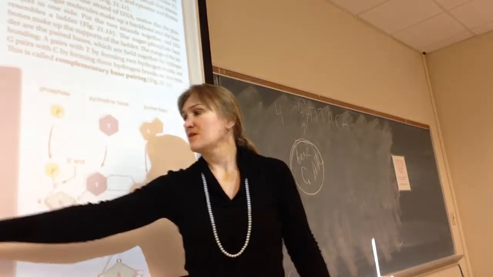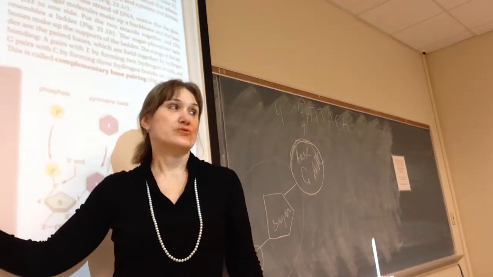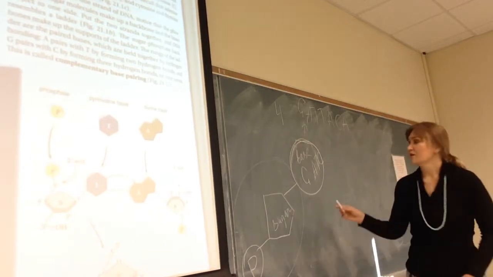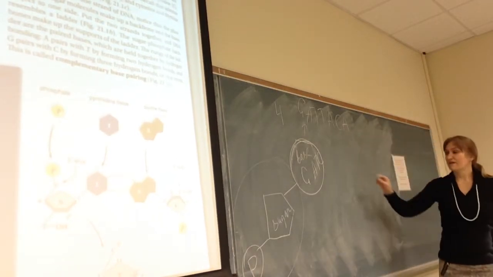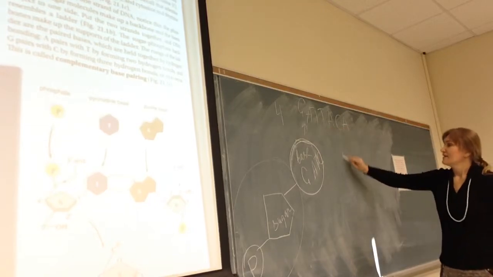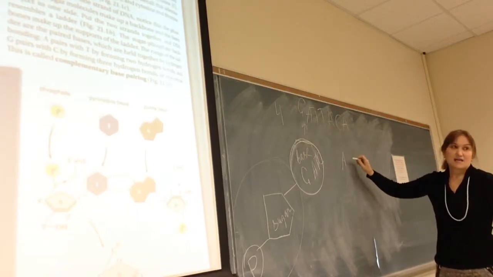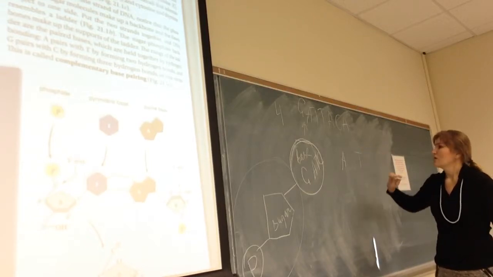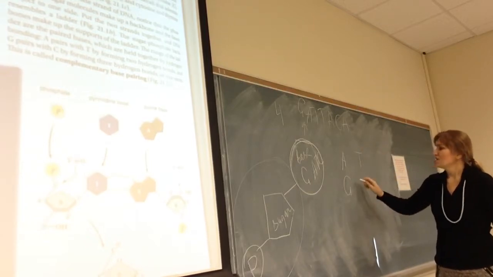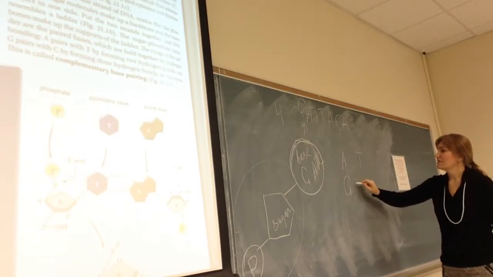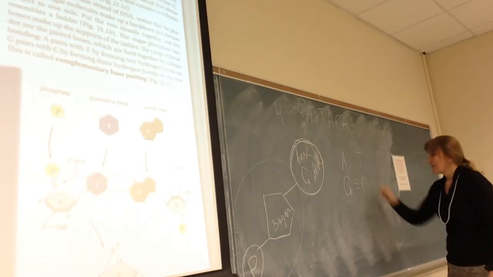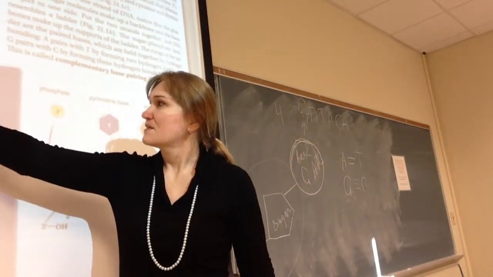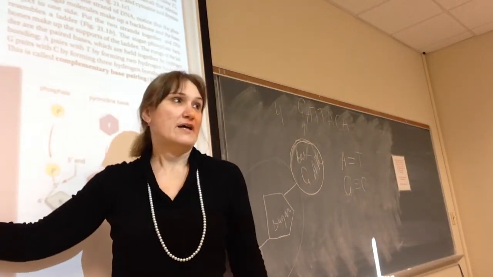So what is drawn here are hydrogen bonds that can exist only between complementary nucleotides. In this case, A is always complementary to T, and G is complementary to C. Between A and T, you see here, there are two hydrogen bonds.